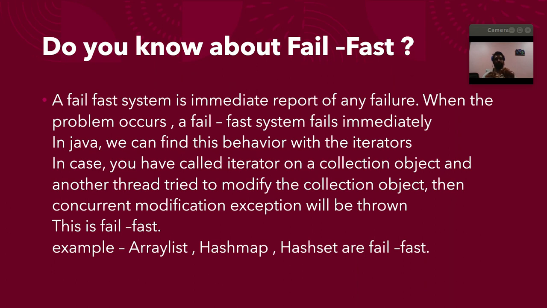But if the iterator itself tries to remove an element, you know that the Iterator interface has a remove method, used to remove an element from the collection. If the iterator removes by calling its remove method, then at that time the iterator will not fail. But if any third party thread is trying to modify that collection, then it will fail. Okay, so this is the catch. I hope you understand the point.